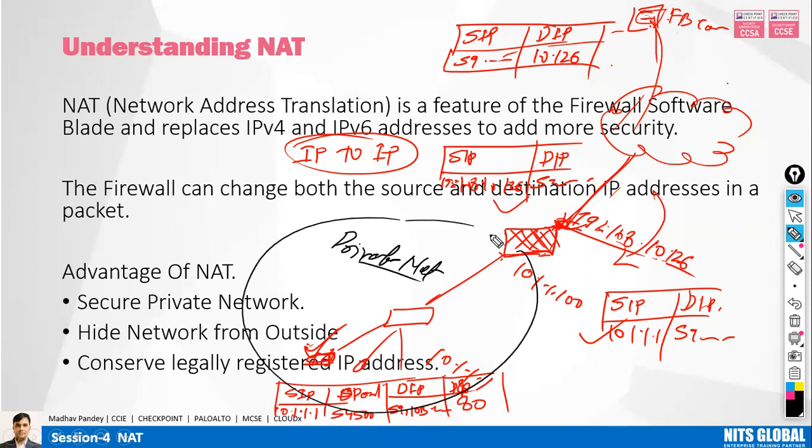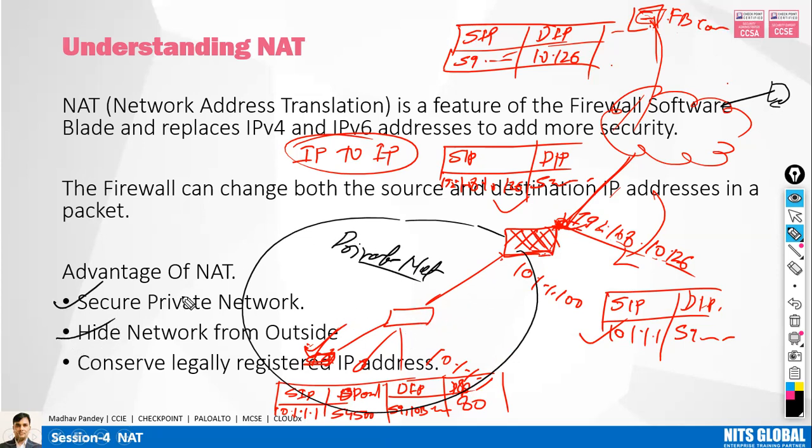I do not want my private network to appear over the internet, so that any hacker or outsider can see this network. I don't want anyone to see my private network outside. Secure my private network, so I can hide my private network by using NAT. If I don't do NAT, then my private IP addresses would be visible outside.